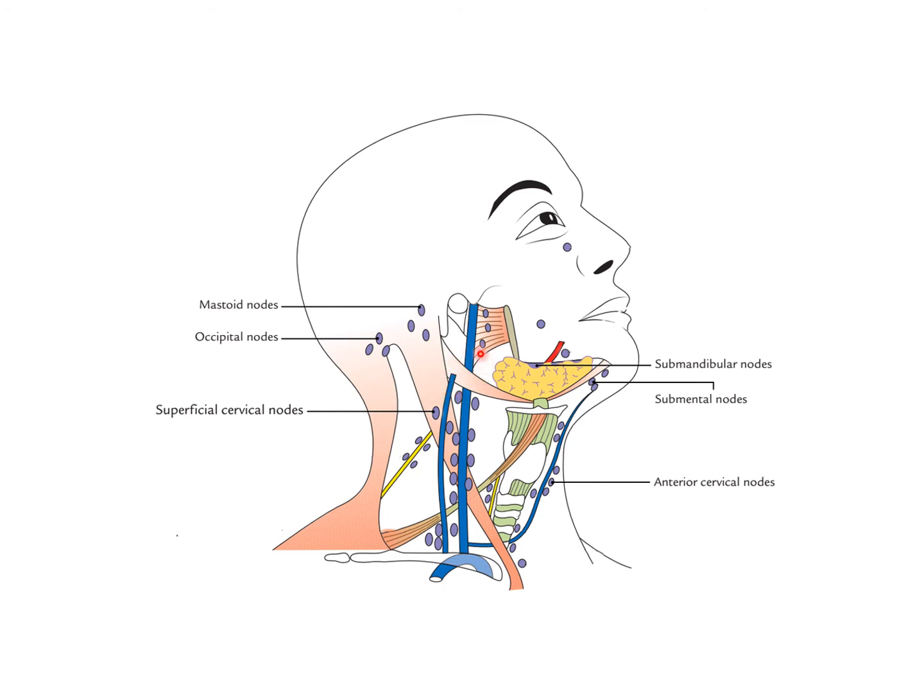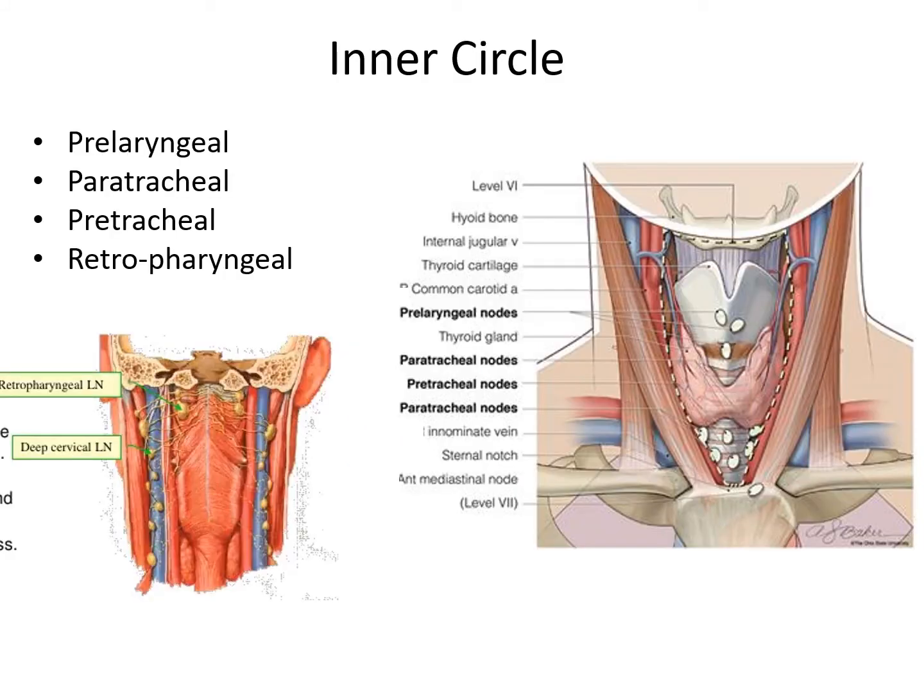The second group which we left was the anterior cervical lymph nodes, and they are situated along the anterior jugular veins, and also lie in the suprasternal space. They are mainly the extensions of the submandibular group of lymph nodes. We have seen the lymph nodes which are present in the outer circle.